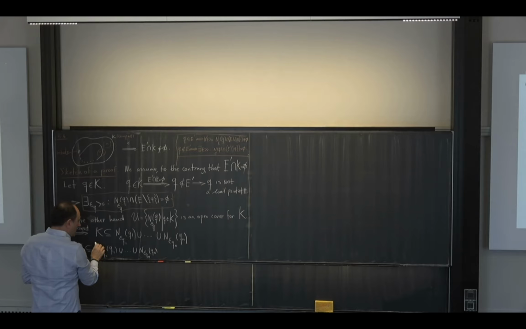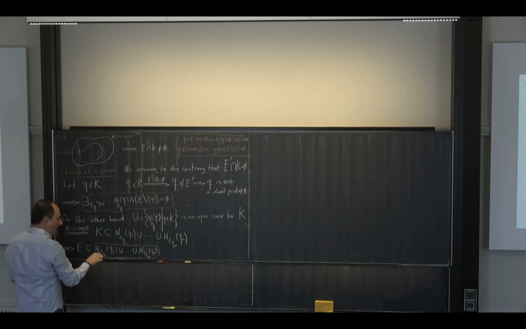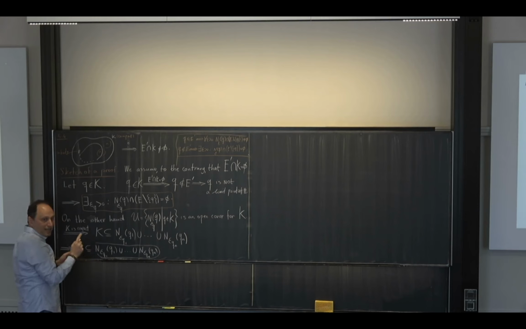So in the right-hand side, how many elements of E can you have here at most? This will contain at most 1, the next one will contain at most 1, and the last one contains at most 1. So the right-hand side contains a lot of points probably, but from E it contains at most n points.